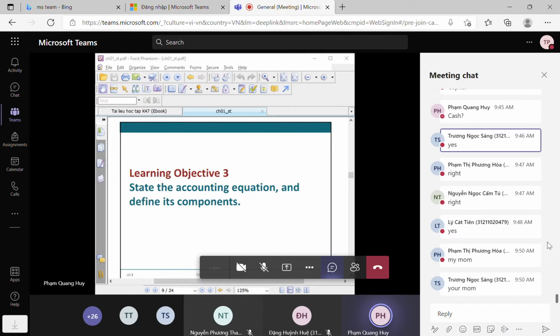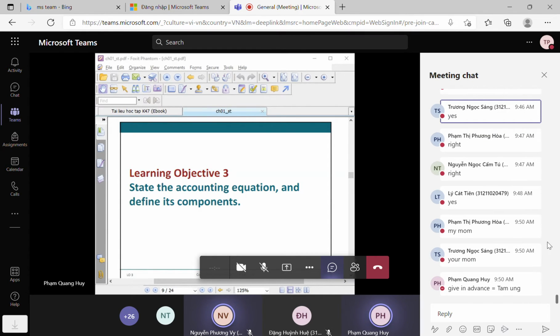That amount is the asset of my mom, not my asset, because that belongs to my mom. My mom just gives me in advance. For my working, I have to do something as my responsibility for my mom. So this amount is my mom's asset. Okay, understand, class?